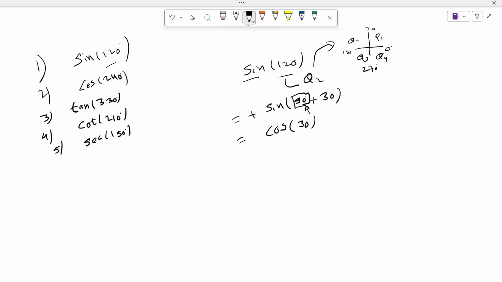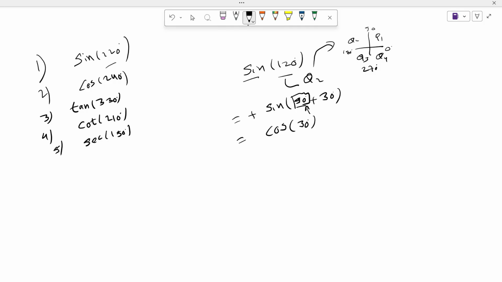Okay, we are done with this part. We just discard the unit place and then look at the tens or hundreds place, then check whether the number is even or odd. If the number is even, take the trigonometric function as it is. If the number is odd, take its alternative. Sine's alternative is cos.